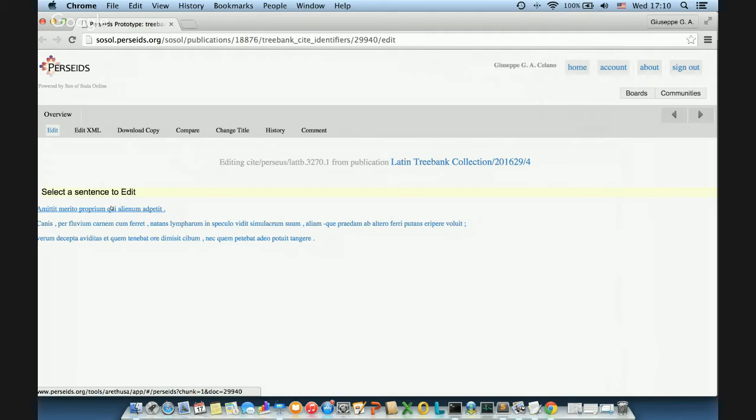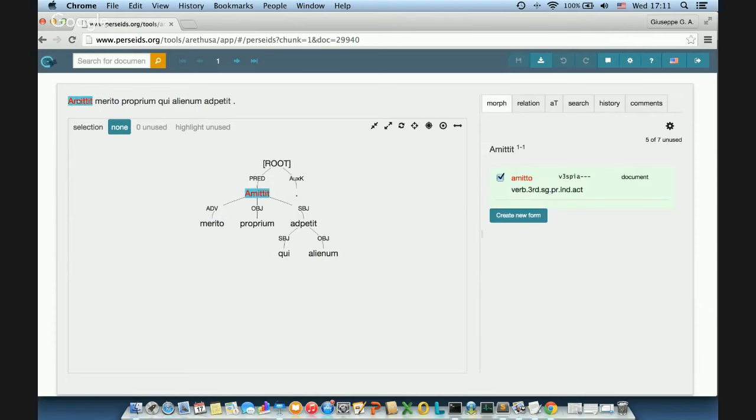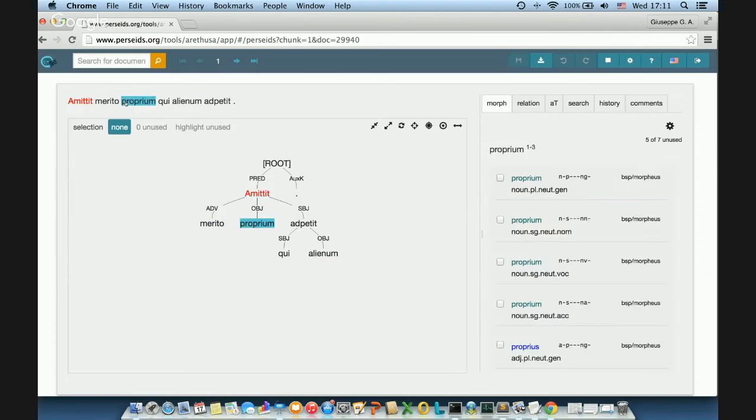As I said, in this case, the meaning of this sentence is pretty clear. So the one who strives for alienum, for someone else's possession, loses proprium, his own possession, deservedly. This is an adverb.